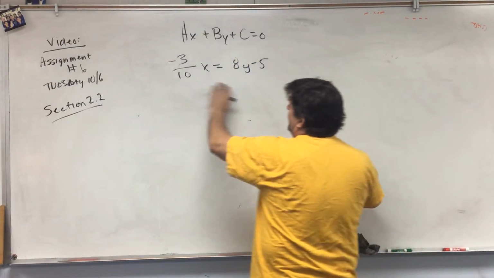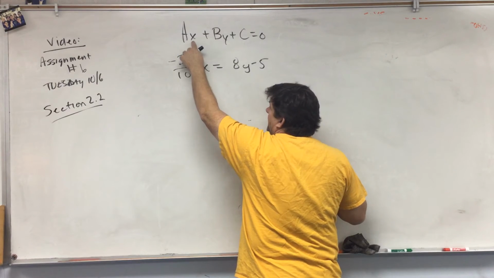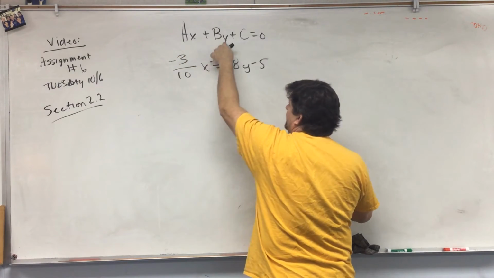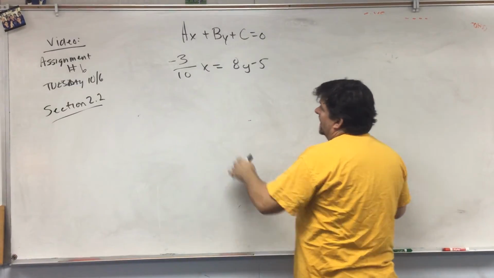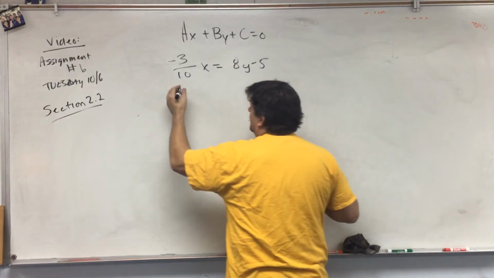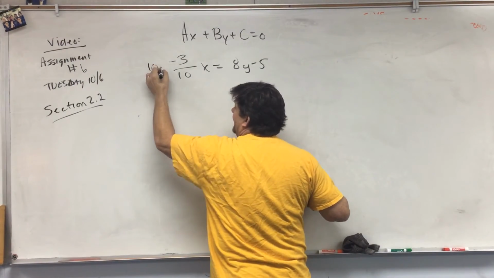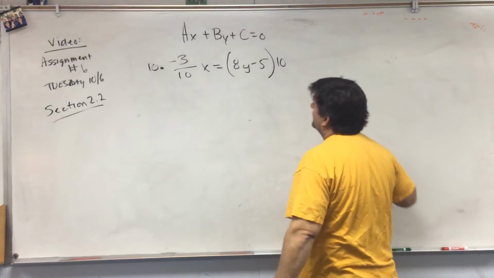So we can't have any fractions, and we've got to have first the x value, then b, and then the constant is equal to 0. So let's go through here. Since I have a fraction, I'm just going to multiply everything by 10. So I'm going to multiply this by 10. I'm going to multiply this by 10.